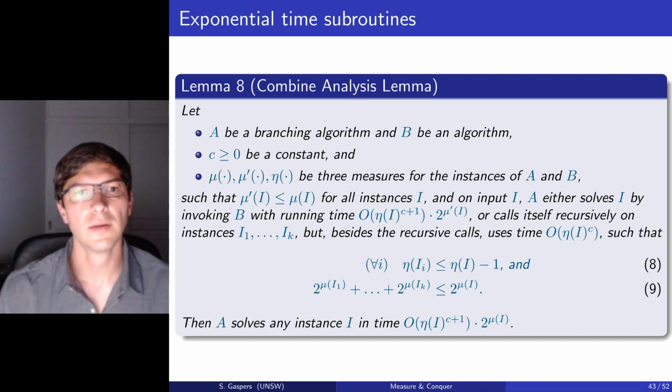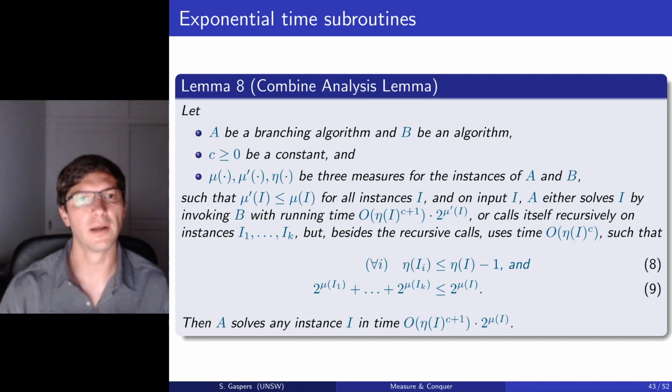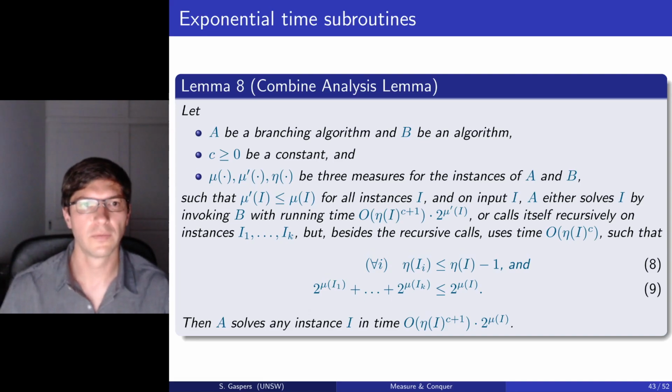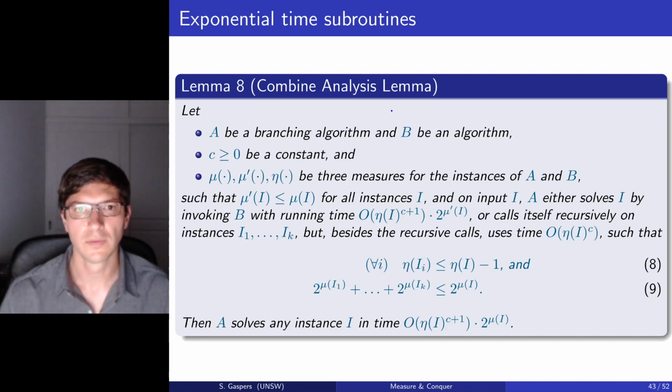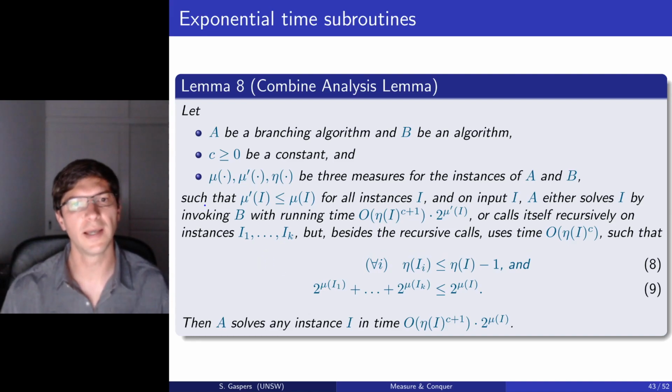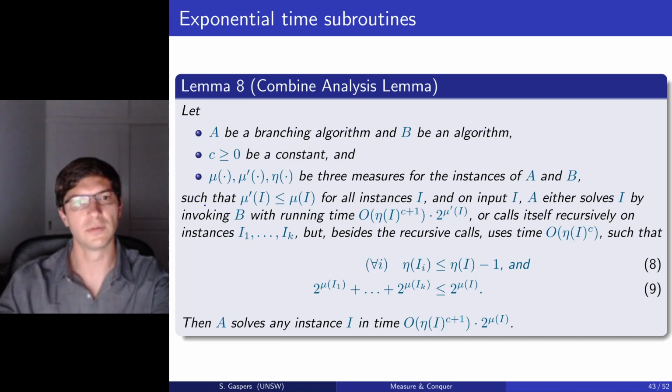So now we have 2 branching algorithms, one branching algorithm A and another branching algorithm B. We will upper bound the running time of A. And sometimes A, instead of branching itself, invokes B. So it hands off the instance to B and tells B to solve it.